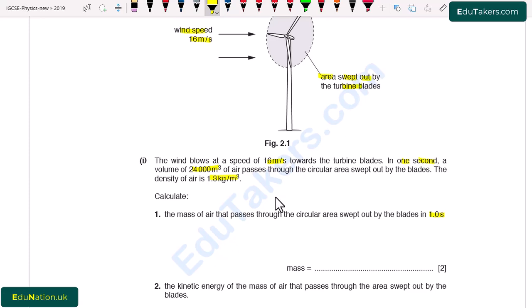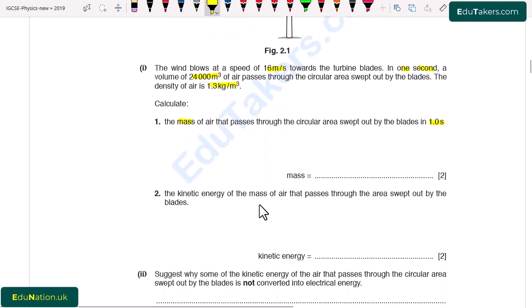Here we have to calculate the mass of air when density and volume are given. So we can easily calculate the mass. We know that density is defined as mass per unit volume. By using this formula we can easily calculate mass, and m, that is mass, will be equal to the product of density and volume.